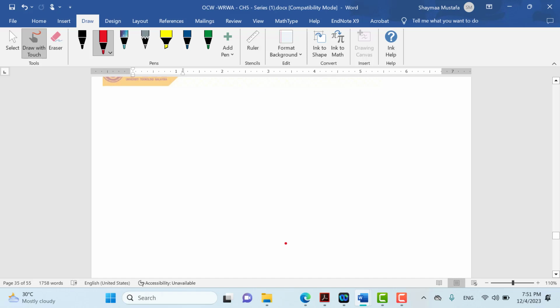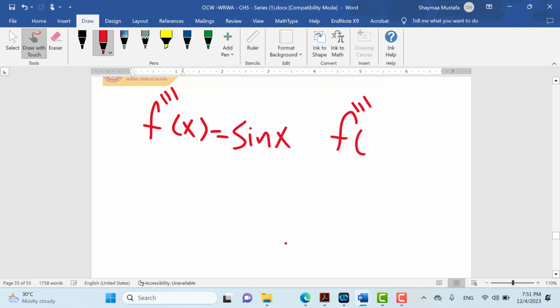The third derivative for x is equal to sine x. Then the third derivative at pi over 3 is equal to square root of 3 over 2.